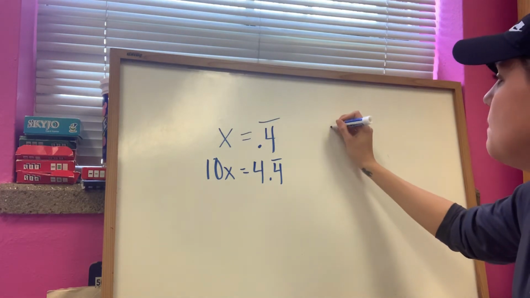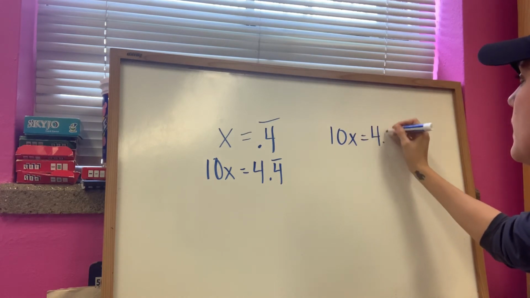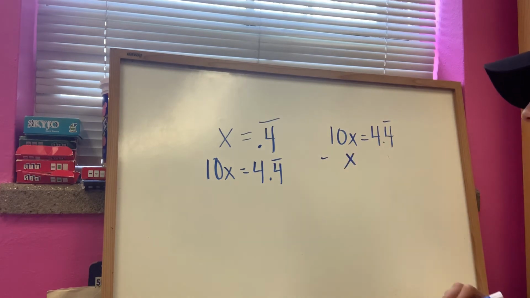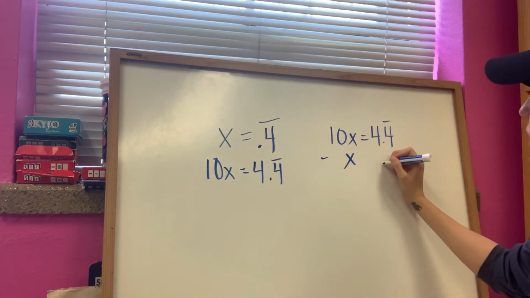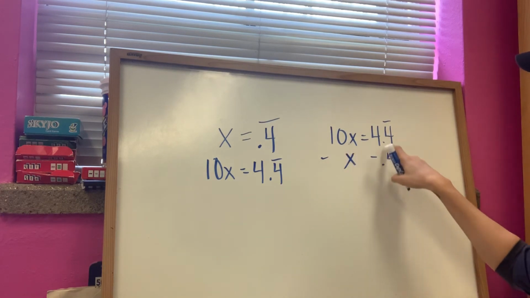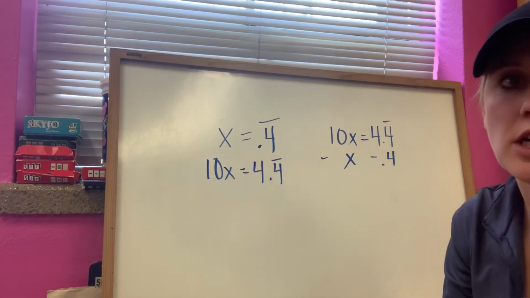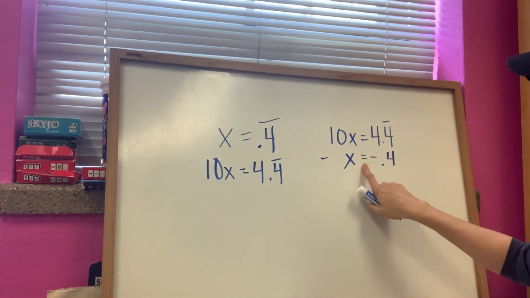So I'm going to say, well, 10x equals 4.4 repeating, and I'm going to subtract 1x from that. And 1x is equivalent to 0.4 repeating. So I can subtract this from here and this from here, and they look different, but I know that they're equivalent to each other. So that won't mess up my equals.